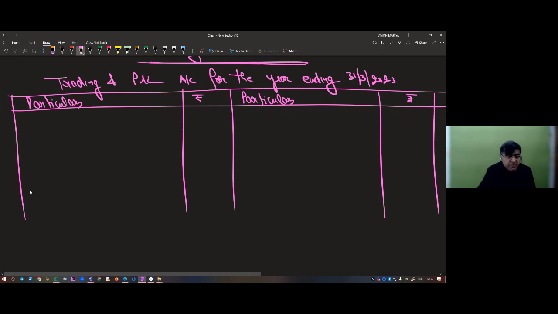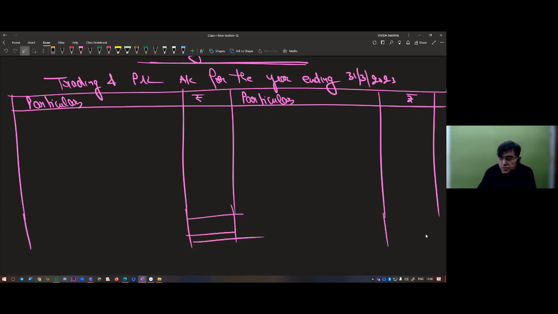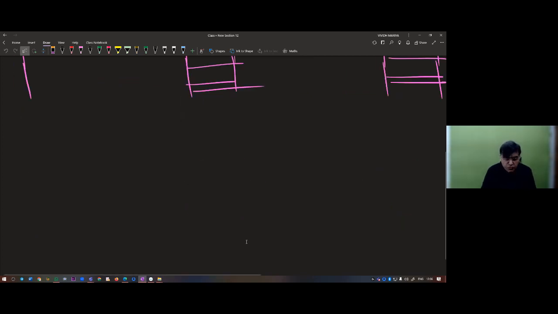So we will make a trading account, a P&L account, and a balance sheet.